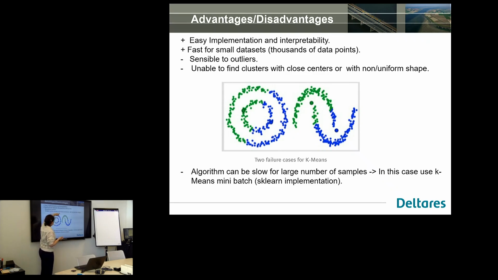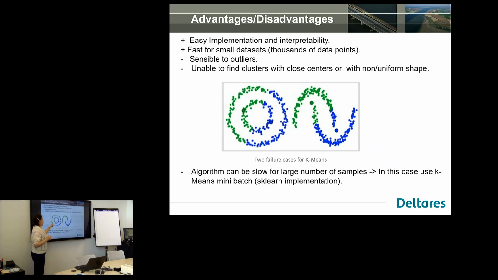For instance, you would see that the points of the outer ring belong to one cluster, and all the points of the inner ring belong to another cluster. But if you use k-means, this is going to be the classification, which is incorrect.